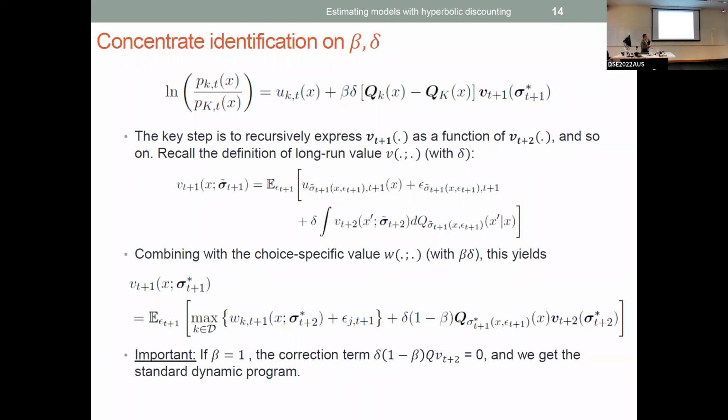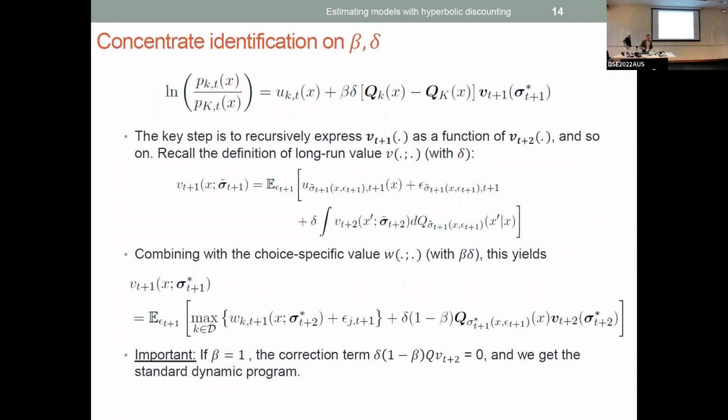The core of the recursion procedure is to express V t plus 1 as a function of V t plus 2. The definition of the long-run value is, as I said before, the utility flows plus errors plus this geometrically discounted long-run value at t plus 2, integrated over the error space at t plus 1.